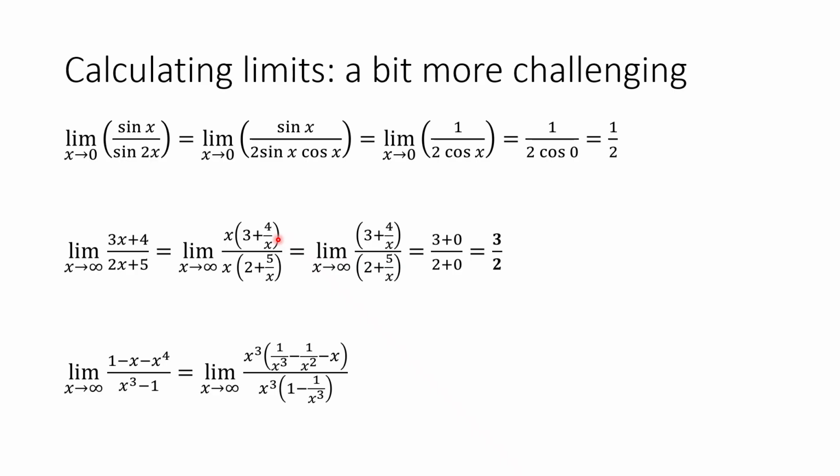If you're looking at something where the powers are not the same in the numerator and the denominator, like in the second example with x going to infinity, you're going to get something that's a little bit more interesting, I will say. You typically find that they recommend you divide by the highest power you see in the denominator. You can actually do it in the numerator.